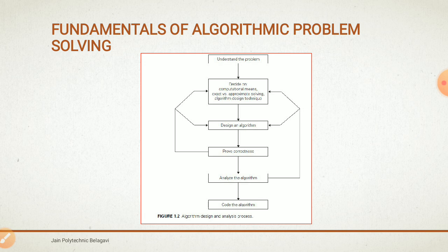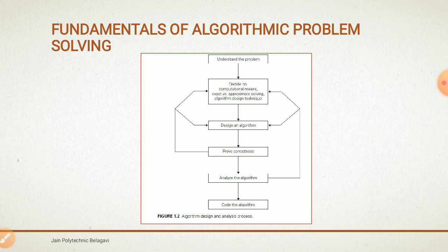Then space complexity deals with the amount of space taken by an algorithm, and by computing it we can analyze whether an algorithm requires more or less space. Simplicity of an algorithm means generating a sequence of instructions which are easy to understand. Generality means designing an algorithm in a more general way rather than for a particular set of inputs.